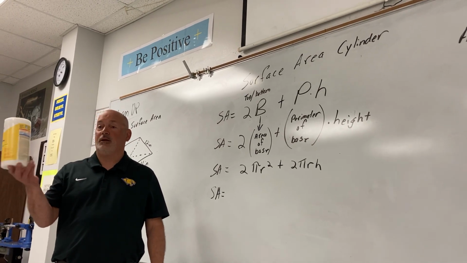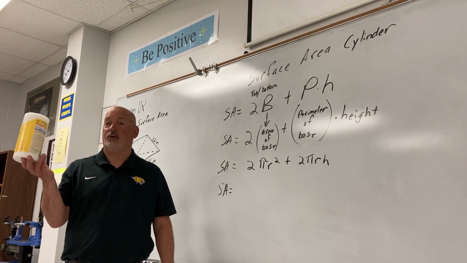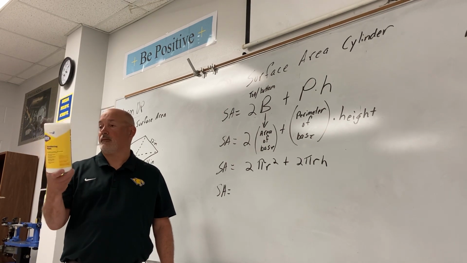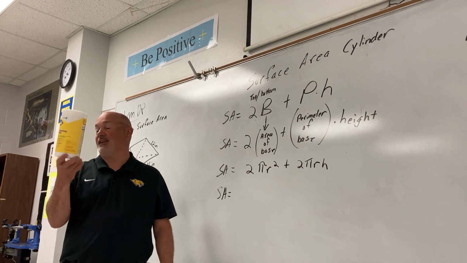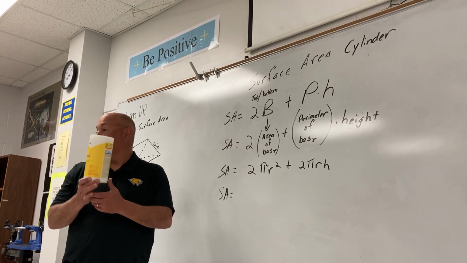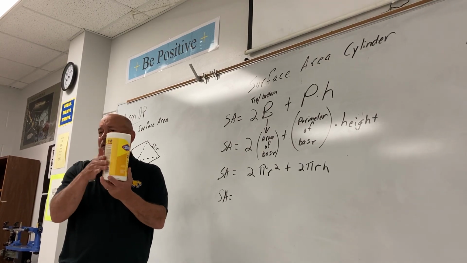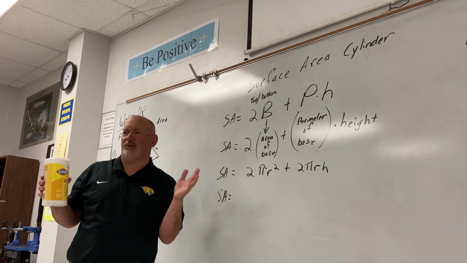Somebody who hadn't helped me yet. Lateral surface area. All right, Lizzie. Nobody else seems to know. Pretty sure it's like around without the bases. Good. The lateral surface area is this part right here. All of this. The top and the bottom are not part of the lateral surface area.